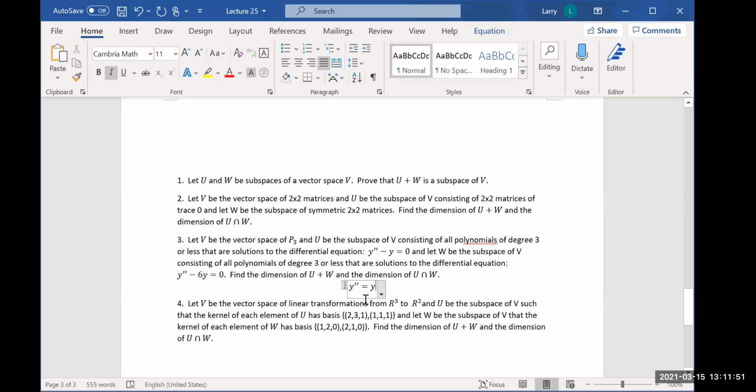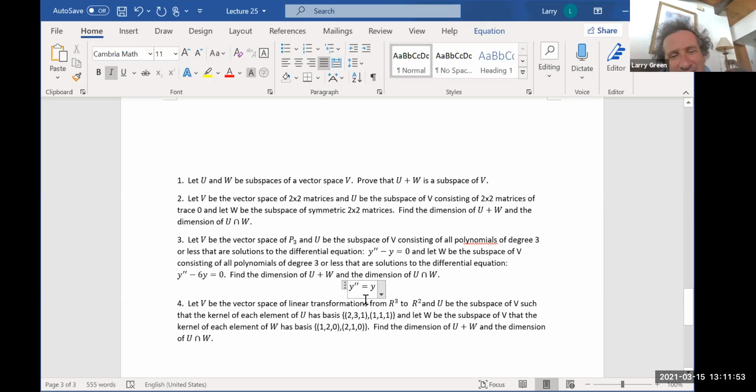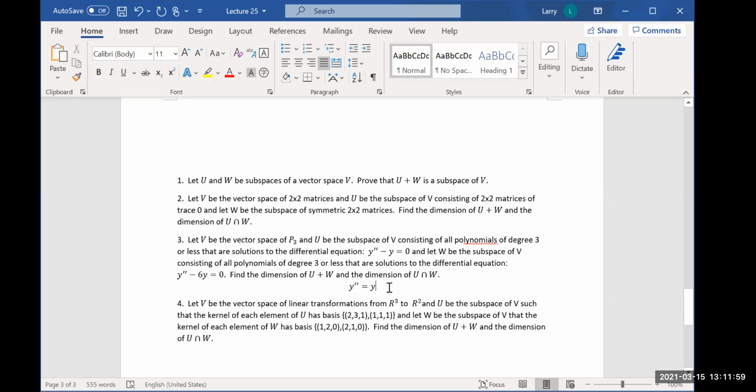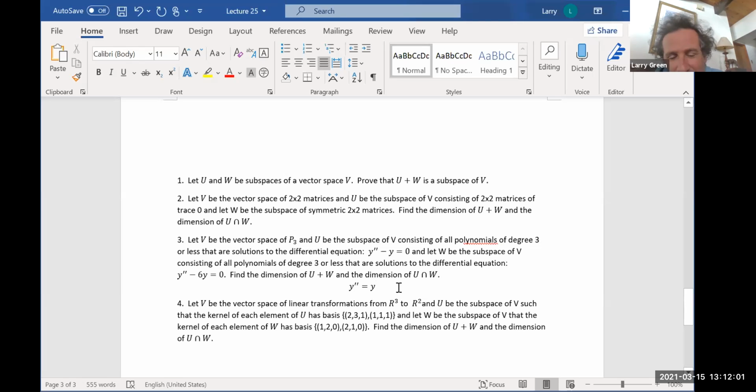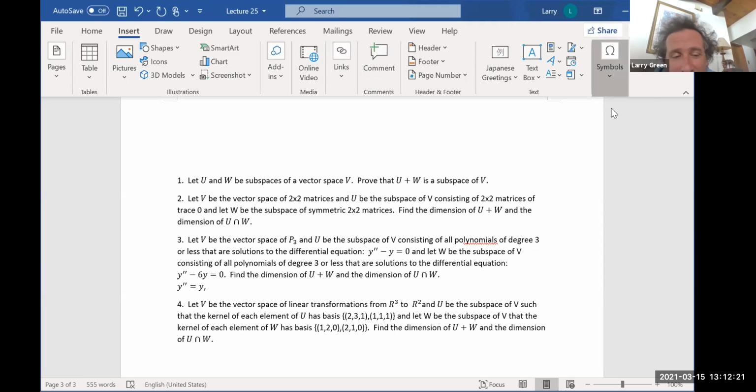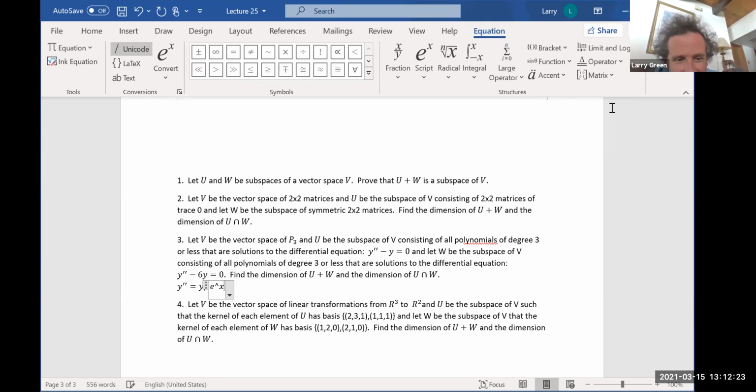Good. So can you think of a function where you take two derivatives and you get back where you started? E to the x. Good. So one is e to the x. I wonder if there's a typo here. This might be too easy. But that's not a polynomial, is it?